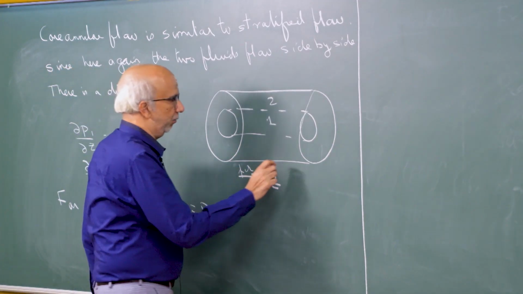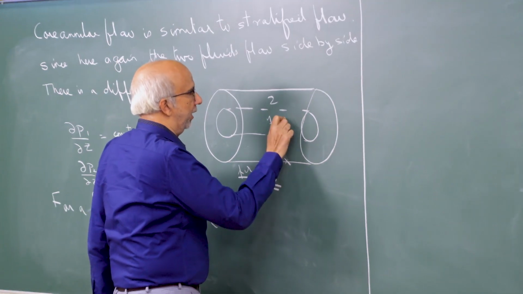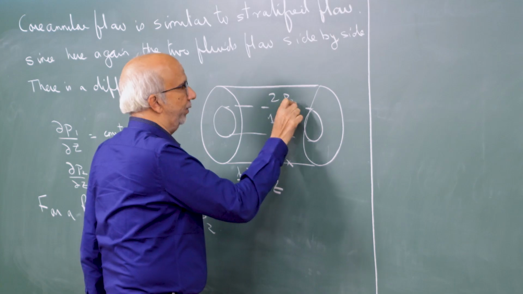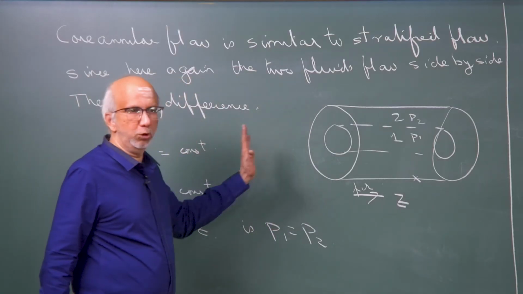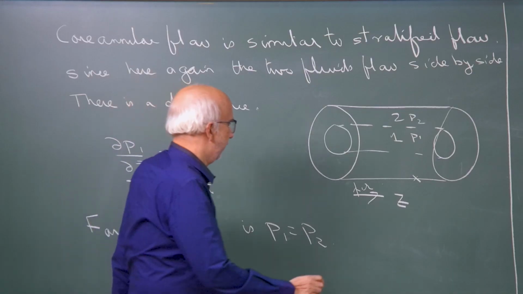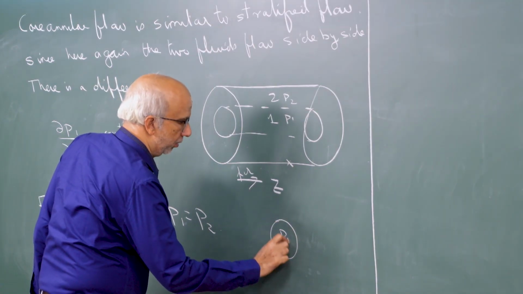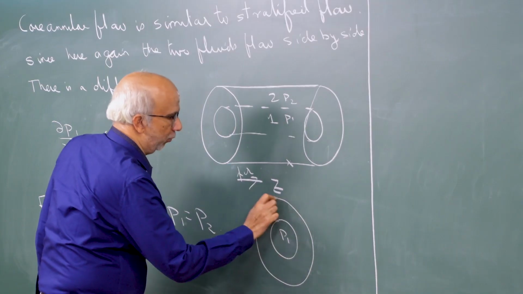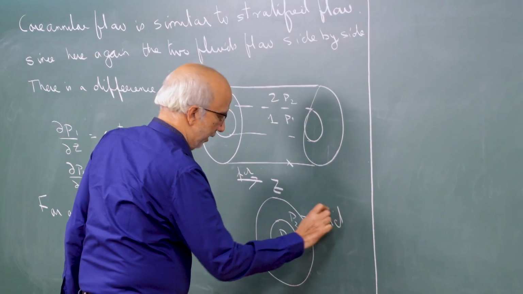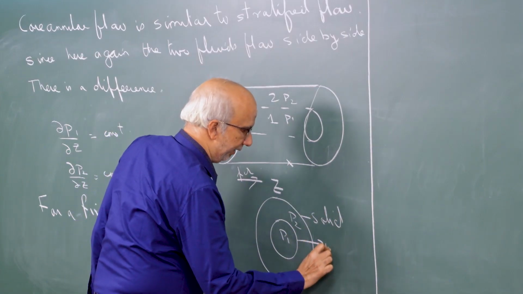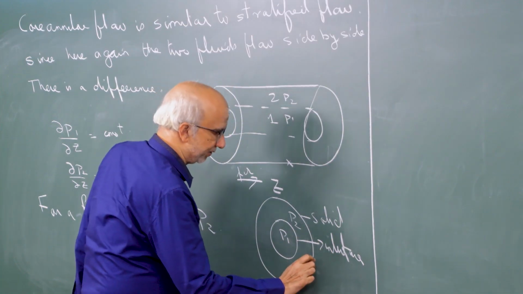That is, I fix my z position and I look at the pressure of this fluid and the pressure of this fluid, and what I want you to do is look at the cross section. This is the core and this is the annulus, which is P2, and this is the interface between the two liquids.